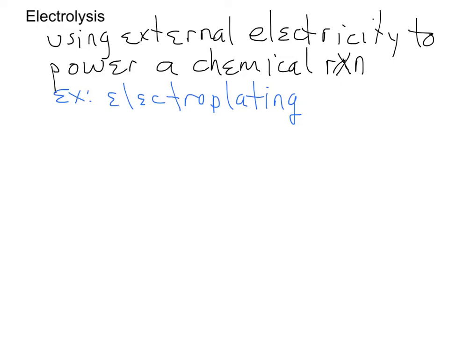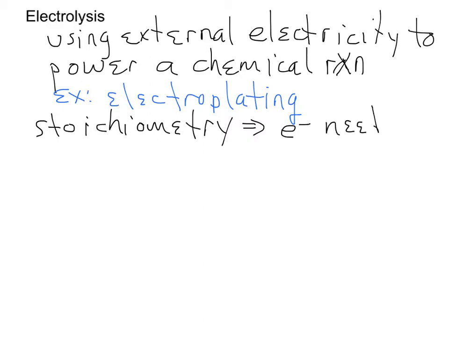Now, how can we do the electrolysis? Some of the quantitative aspects of electrolysis, we are going to have to take into account the stoichiometry. Because the stoichiometry shows us how many electrons are needed to carry out whatever reaction we want to take place.